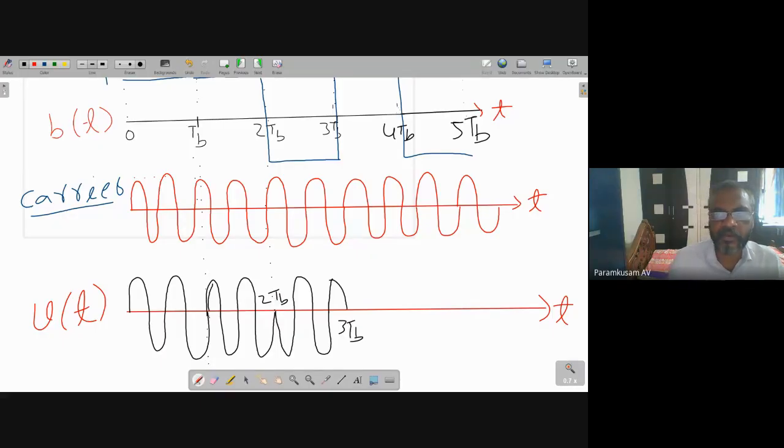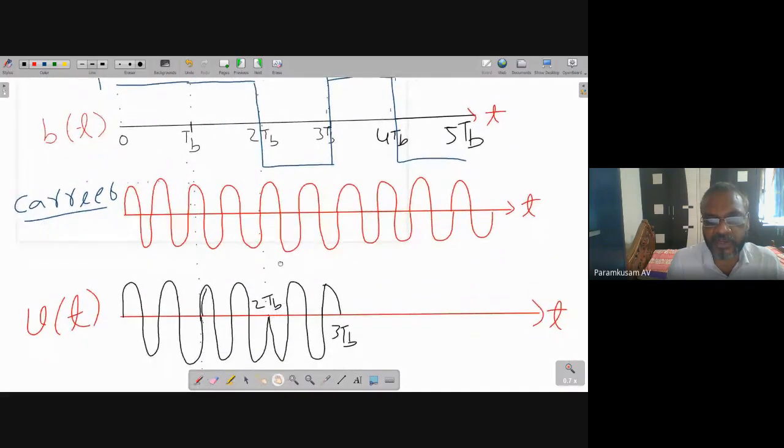Again, from 3 TB to 4 TB, b of t is equal to 1. When b of t is equal to 1, v of t is equal to positive cos, not negative.